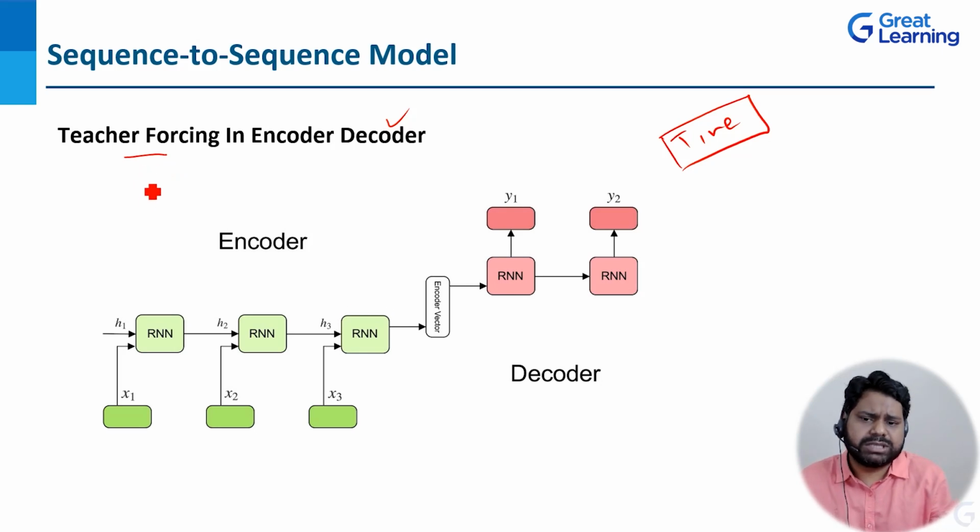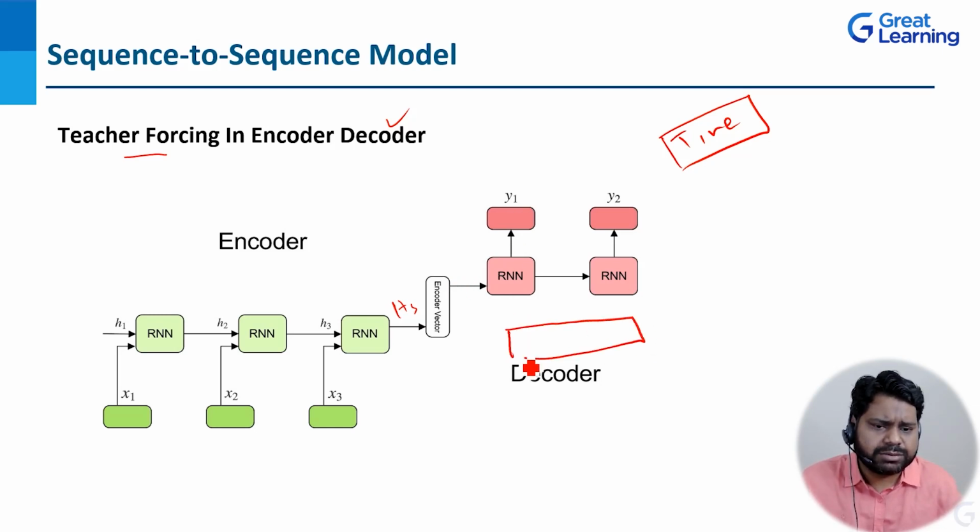So how does teacher forcing work? When hidden state 3, let's say H3, goes to this encoder vector, it goes there to Y1. Similarly, there is one output, this is your decoder input.